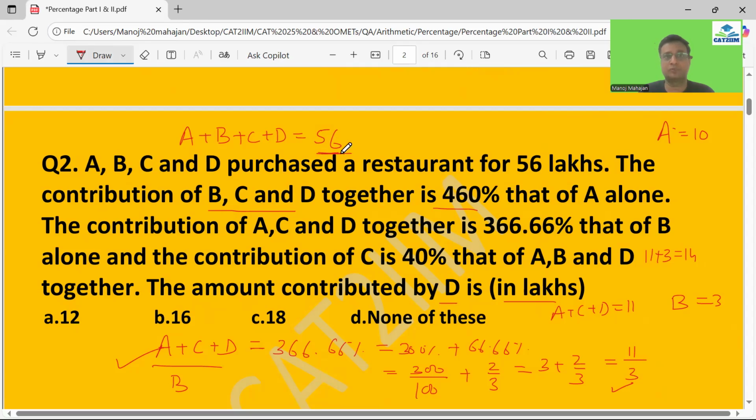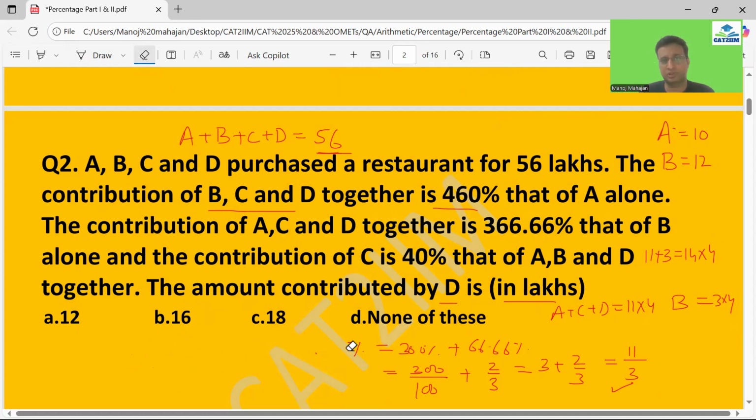And actually it is 56. So this has to be multiplied with 4. So of course, this will also get multiplied with 4 and this also with 4. So what is the contribution by B? That is 12. So far we got A and B, and the moment I get C, I can easily figure out D also, which is the question out here as well.